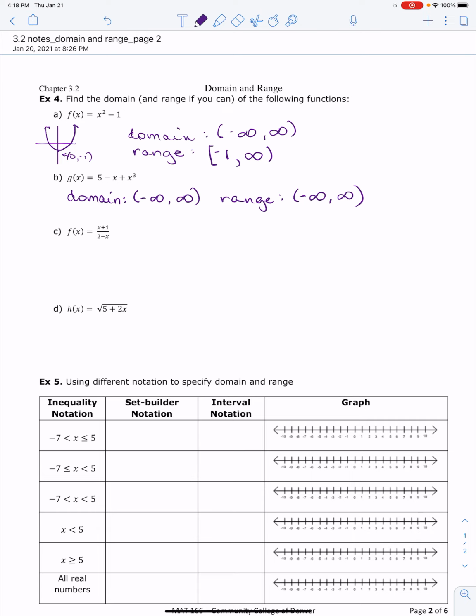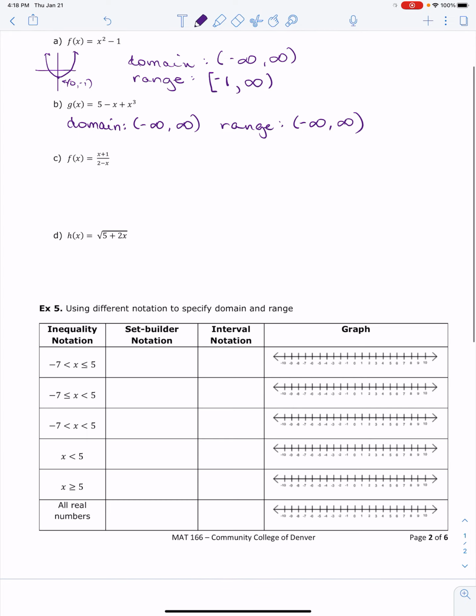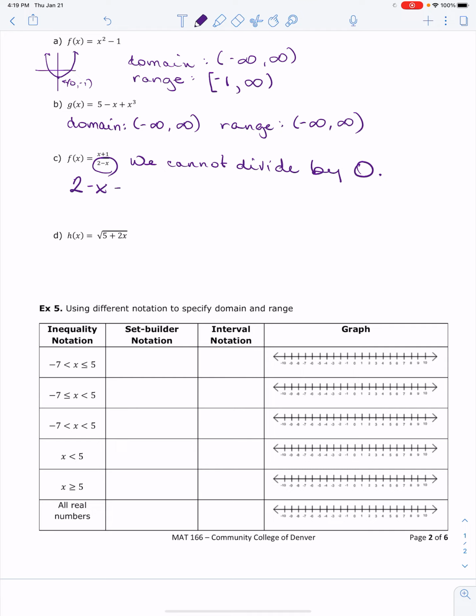C, we're going to focus on just the domain. And we are going to focus on the denominator. Okay? We know we cannot divide by 0. And so that's how we're going to set this up. 2 minus x cannot be 0.